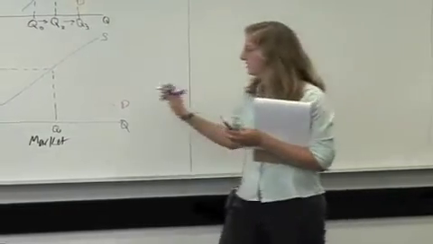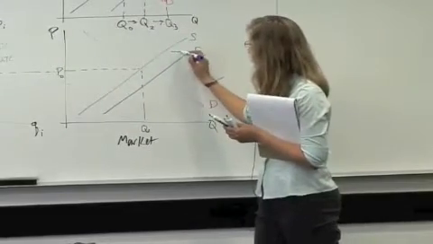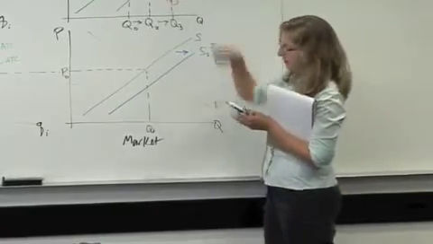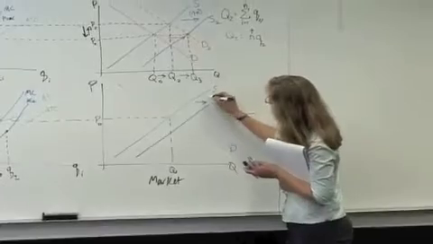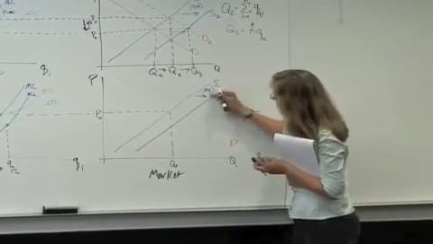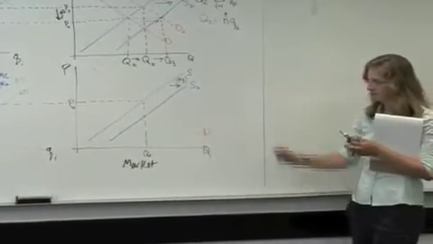Yeah, a shift to the right of our supply curve. And this time, just remember, this is due to increases in N, and this is due to increases in little q, the per firm production. That's what's going on here.